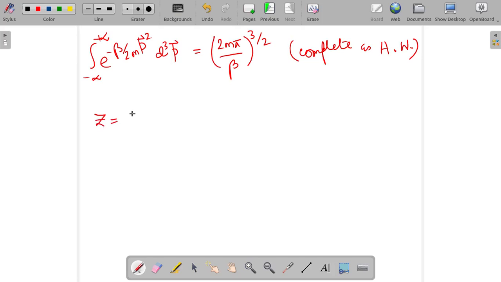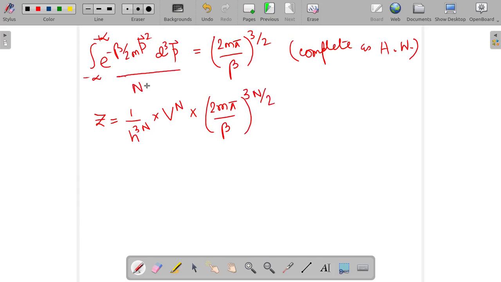It is 1 by h to the power 3n, then it is V to the power n, and then it is 2m pi by beta to the power n by 2, because there are n number of similar terms, all multiplicative products.